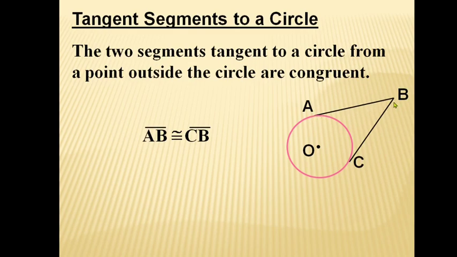These AB and BC are two tangents made on the same circle from an exterior point, and that point is B. In that case, both the tangents will be congruent or equal in length. So here we can say AB is equal to BC because AB and BC are two tangents drawn on the same circle from an exterior point B.